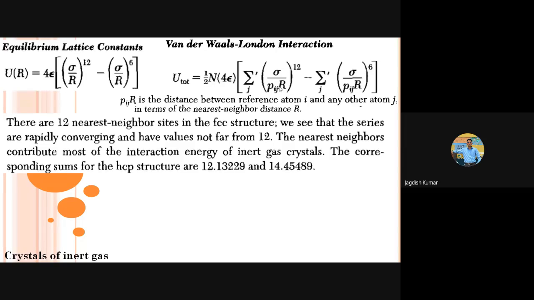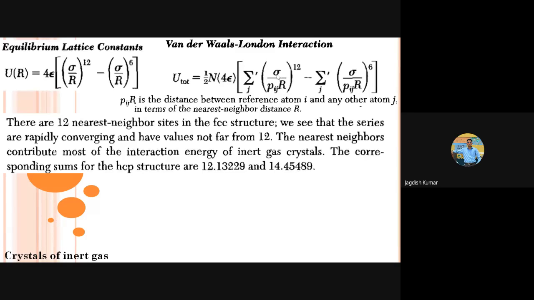So now let us take sigma over r raised to the power 12 common. So you will be getting 1 by root 2 raised to the power 12, and root 2 is sitting in the denominator. So root 2 raised to the power 12. Can you imagine? This is 2 raised to the power 6, 1 by 2 raised to the power 6, which is something like 1 by 64.